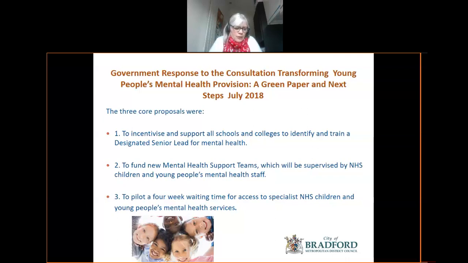The original Green Paper had 3 core proposals, which were to incentivise and support all schools and colleges to identify and train a designated senior lead for mental health, to fund new mental health support teams supervised by the NHS Children and Young People's Mental Health staff, and to pilot a 4-week waiting time for access to specialist NHS Children and Young People's Mental Health services. The government response document sees these core proposals being actioned through various nationwide trailblazer projects. Your school could even be one of them.